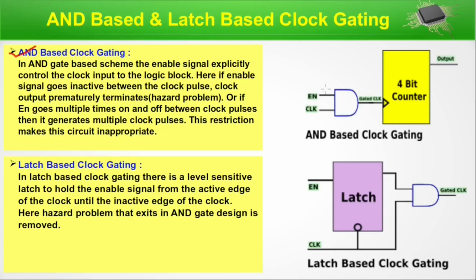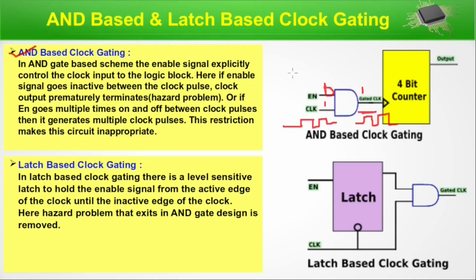So we know when both these pins are 1, then only we will get 1. Otherwise, for any other combination that is 0: 0, 0 will be 0, 0, 1 will be 0, 1, 0 will be 0. If that is the input clock train and we want a gated clock train here, as long as enable is 1, we will get the same clock train here. When enable is 0, there will not be any clock.